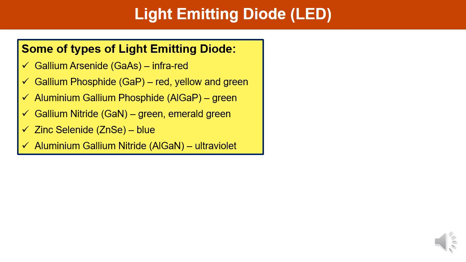Depending upon the material used, gallium arsenide is infrared. Gallium phosphide, red, yellow, green. Aluminium gallium phosphide, green. Gallium nitride, green. Zinc selenide, blue. You must remember a few as examples so that you can write them in your examination as well.